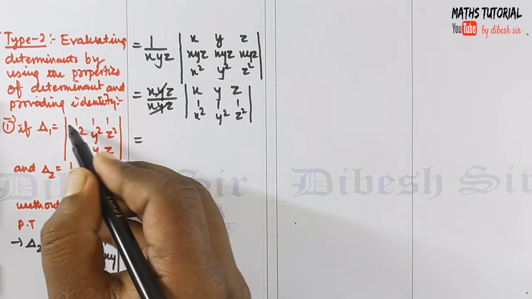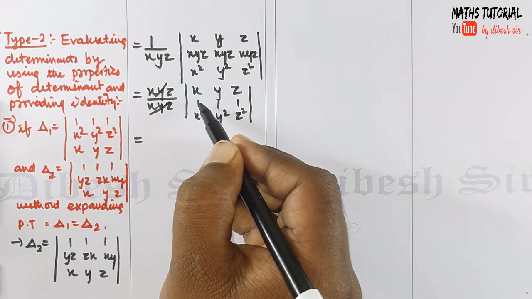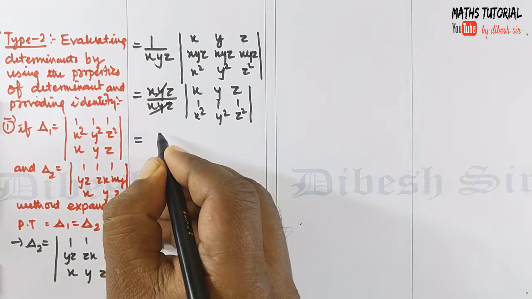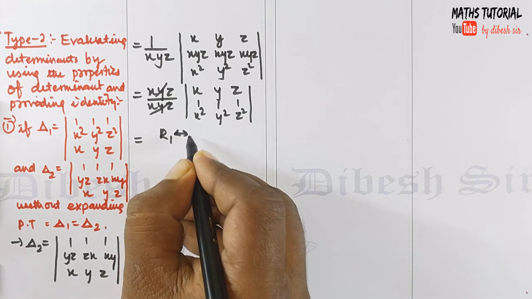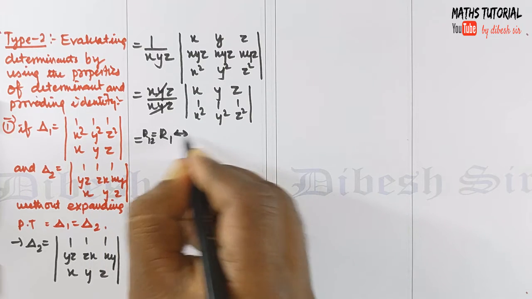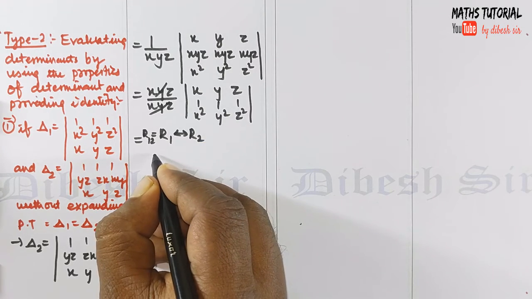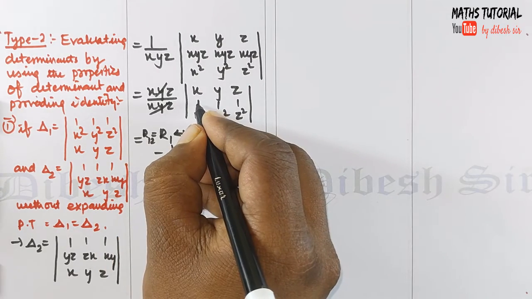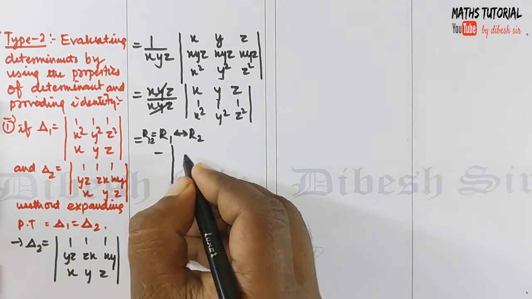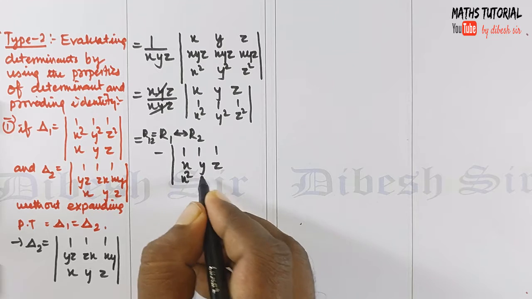Now to make this determinant equal to delta 1, interchange these two rows by applying R12, or R1 changes to R2. So it becomes, take minus common, because if you interchange this row with this row, you have to take minus as common. It will become 1 1 1, x y z, x square y square z square.